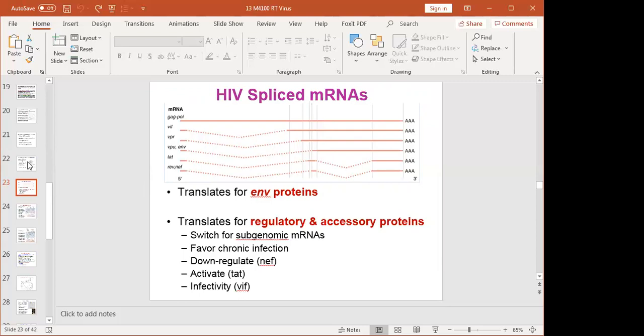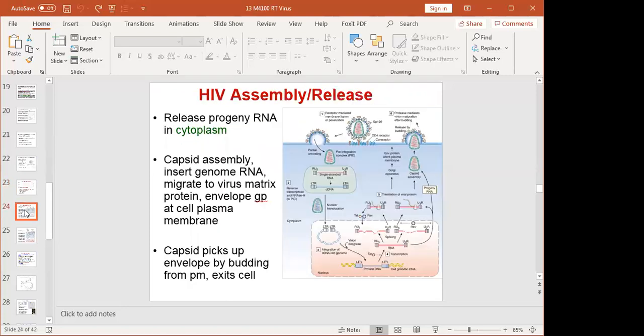They downregulate NEF protein, activate another protein, and cause the activation of an infectivity protein, or VIF. It's a protein that is required for the pathogenicity of the virus.